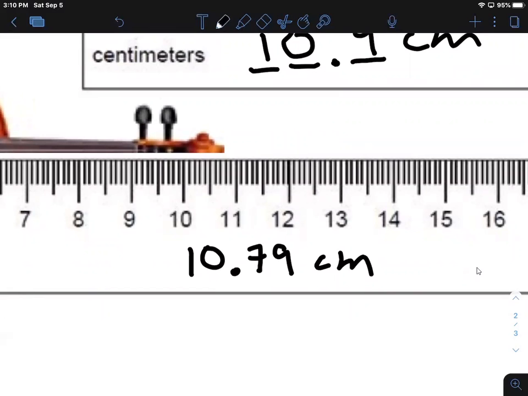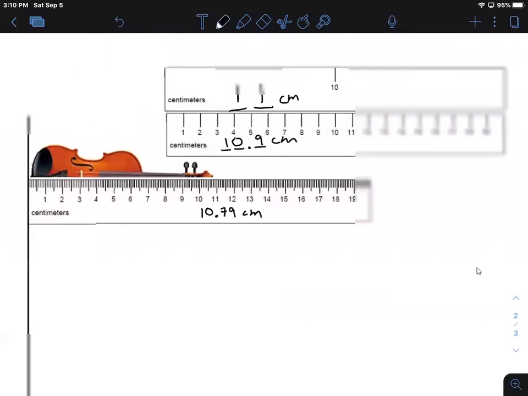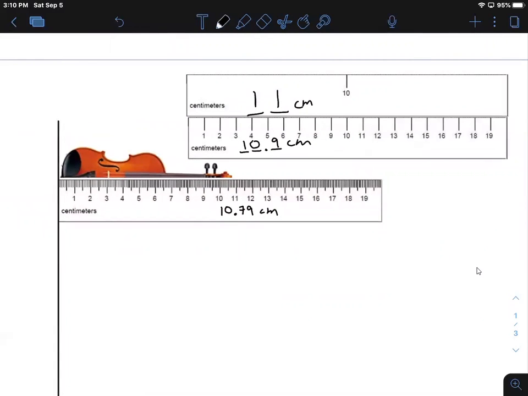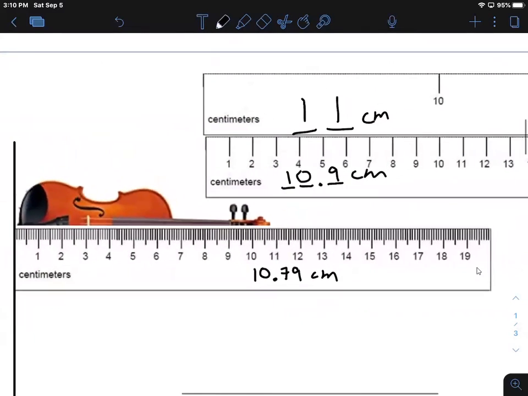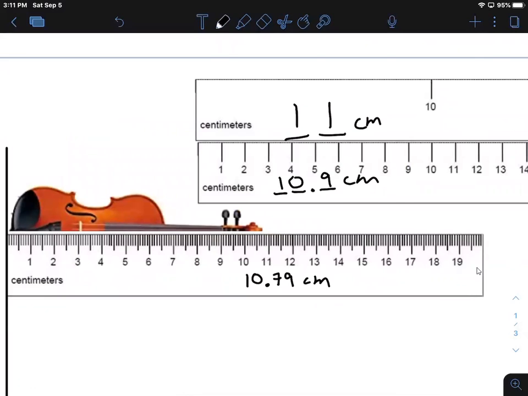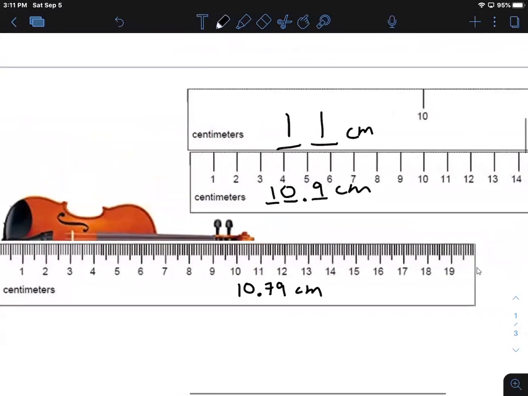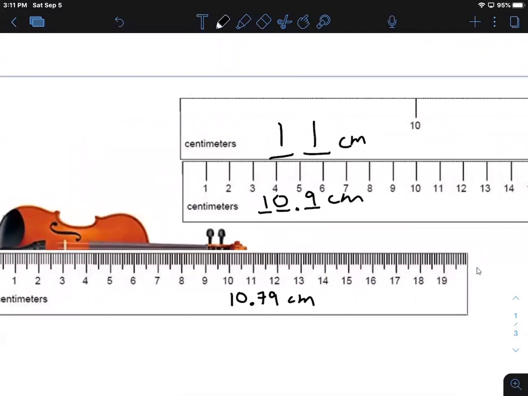So now if I was measuring this for some sort of science investigation and putting this in a report, the person reading my report would know the precision of the measurement tool that I used by looking at my data. If in my data table I have 11, well, they know I was using a tool that was able to definitely measure the tens place, but I had to guess this one.